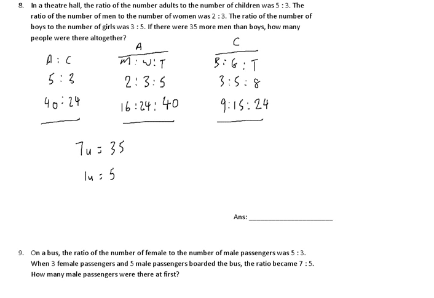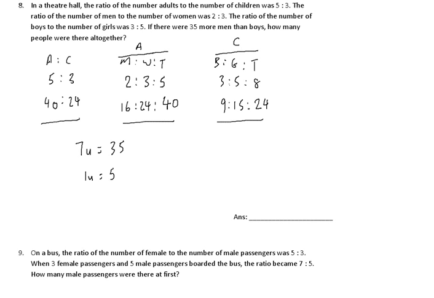So, how many people were there altogether in terms of units, Caroline? 64 units.